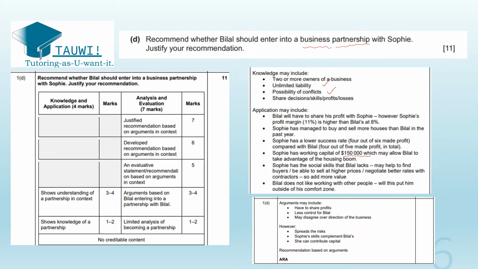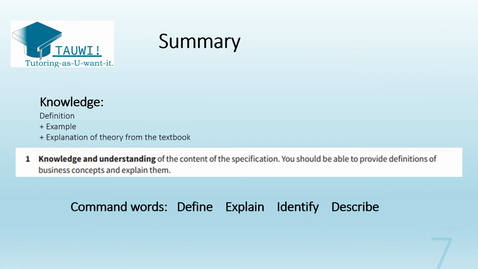And now, your application should be that she will have actually a good way of adding value to his business. So remember, your justification will have to be proven, and you must give real good reasons.